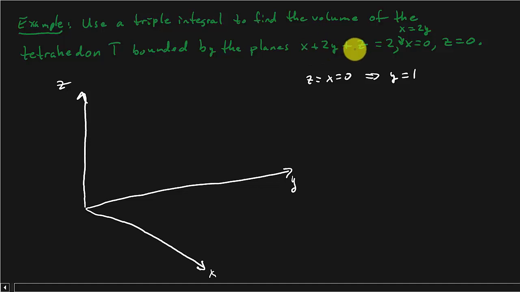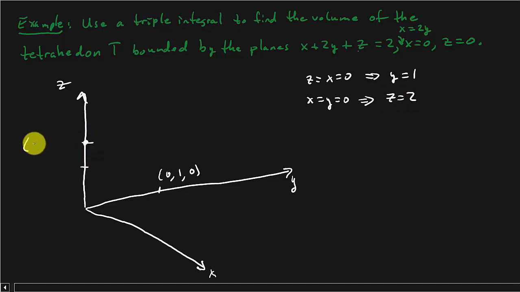If I plug 0 in here, 0 in here, 2y equals 2, y equals 1. So that is going to give me the point 0, 1, 0. And then if I let x and y equal 0, z is equal to 2.